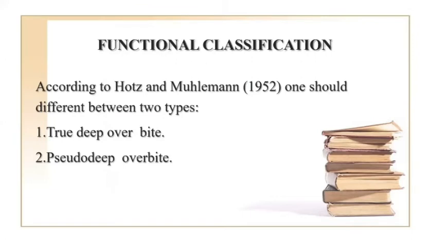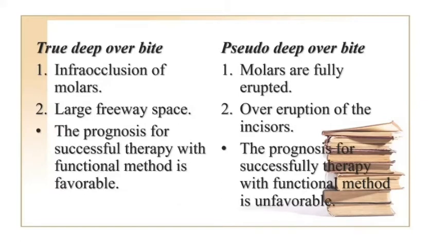Now etiological classification is over. Now coming to the functional classification. In 1952, Hodge and Mühlemann classified it into two types. One is true deep overbite, second is pseudo deep overbite. What are the features you see in true deep overbite? Infraocclusion of molars is there, large freeway space will be there.